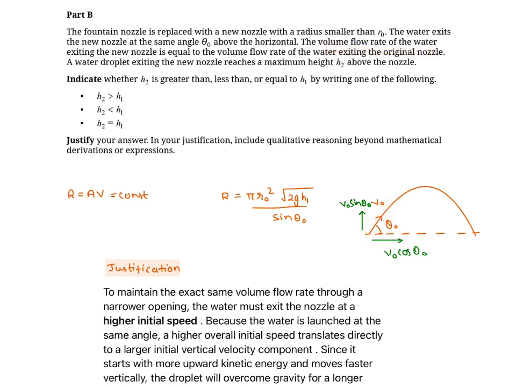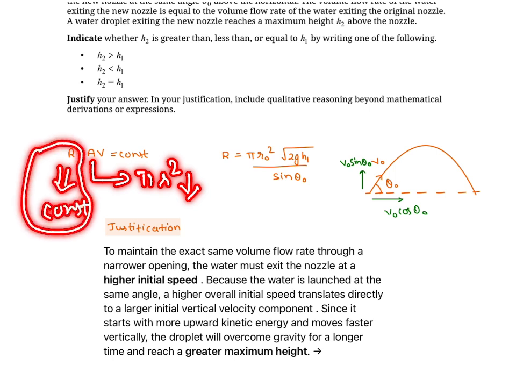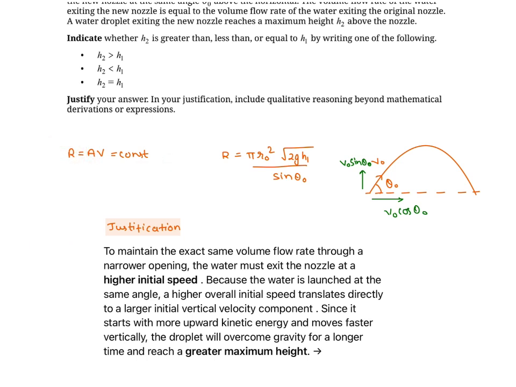Volume flow rate of water exiting the new nozzle is equal to volume flow rate of water exiting the original nozzle. That means volume flow rate is also constant. This area is pi r square. So radius has been decreased, but this R is constant. So R, volume flow rate, is constant, and this area has been decreased.